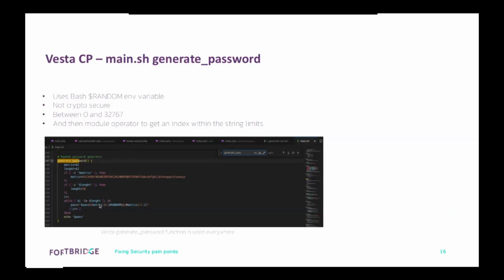So it uses random here, okay? Random generates a value between 0 and 32,767. Then it uses the modulo operator to choose an index somewhere within the length of this string. And it does this 10 times to generate a new password reset token.